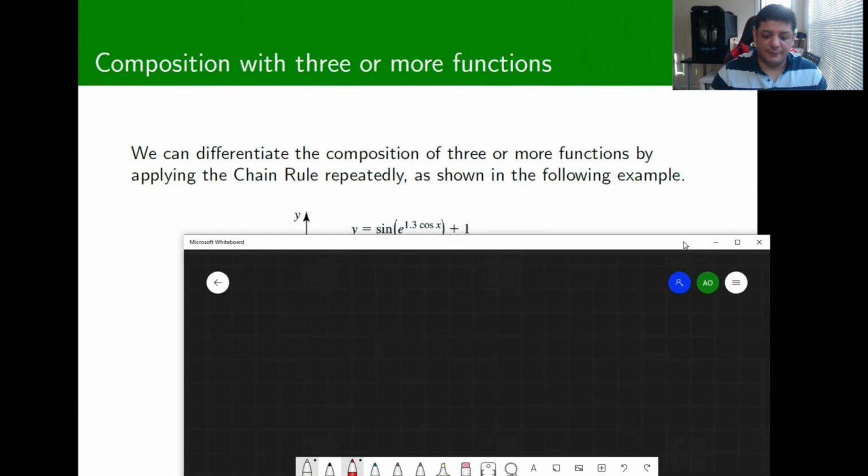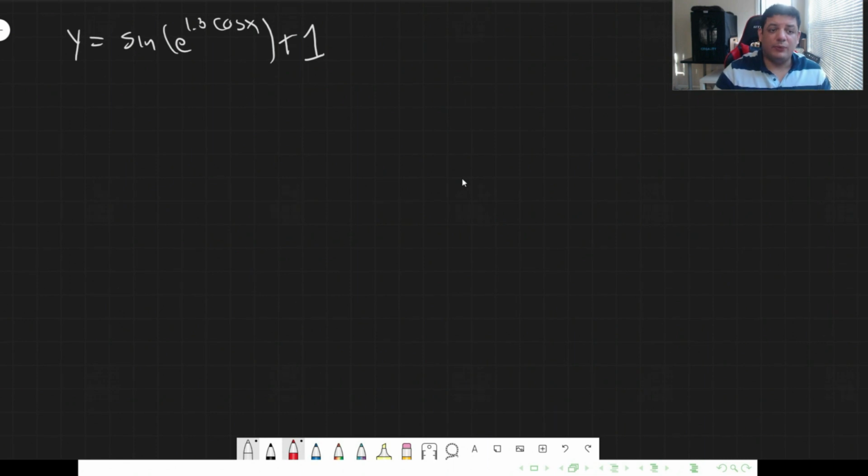So if we have y equals sine of e to the 1.3 cosine of x plus 1, well, if you identify really quickly what is going on, then you can do the chain rule. The derivative of 1 is 0, so that's just not going to matter. And the main function is sine, so you're going to get cosine of whatever the function inside is.